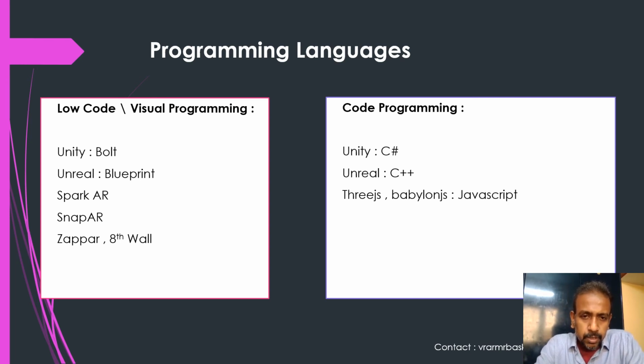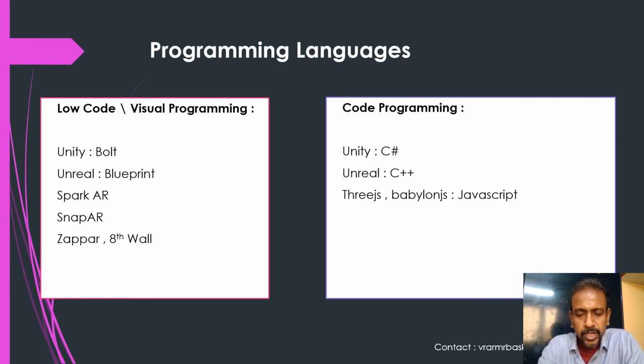Now, if you're a person more comfortable with visual programming, who has very good logical thinking but is not good in programming, there is an option called low code or visual programming. Unity comes up with Bolt as visual programming, and Unreal comes with Blueprint.